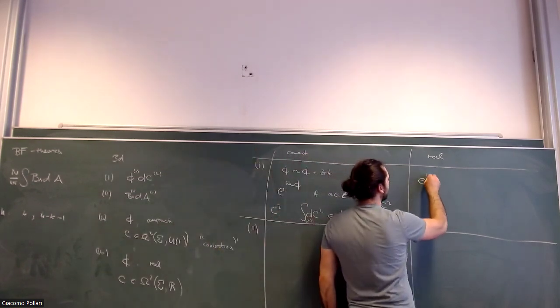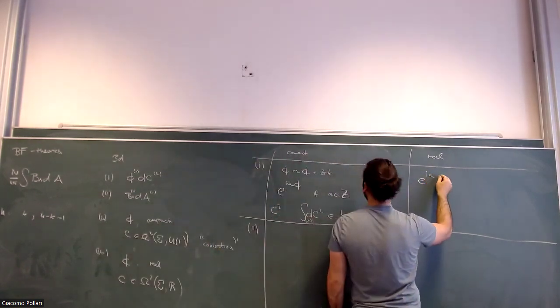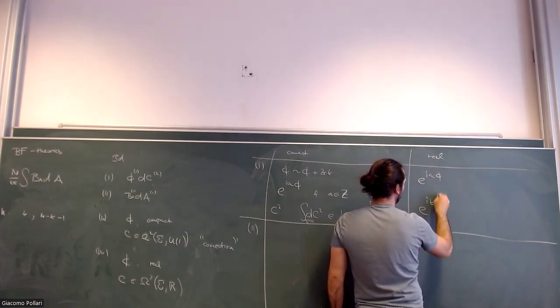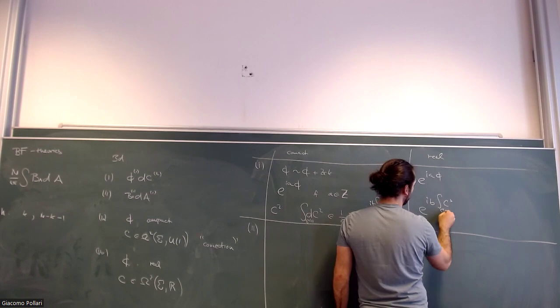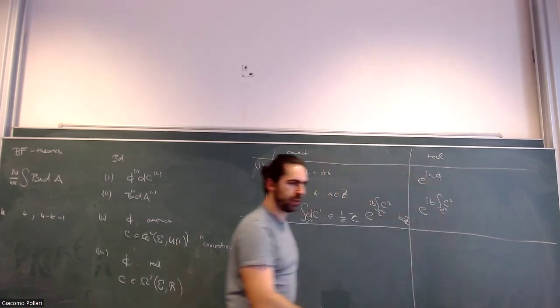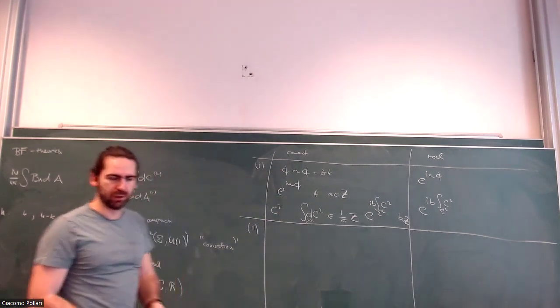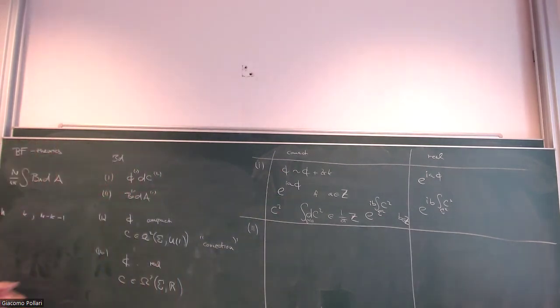Here I can construct any phi, any C2, with no restrictions on A and B, whereas here they're restricted to be integers.